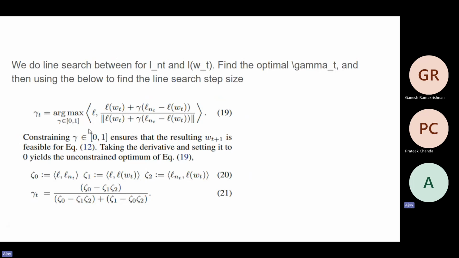Solving for gamma, we will get the following optimal gamma, which is given below. It is basically a function of three inner products: L with LNT, L with LWT, and LNT with LWT.